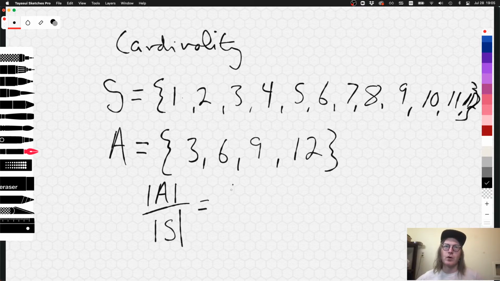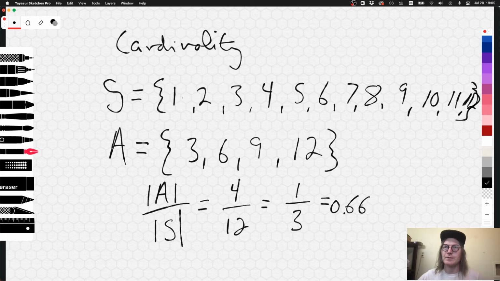Which is just 4 out of 12, right? So that's our probability, or, if we reduce this, it's going to be 1/3, or a probability of 0.33. So this is a way to think about probability.